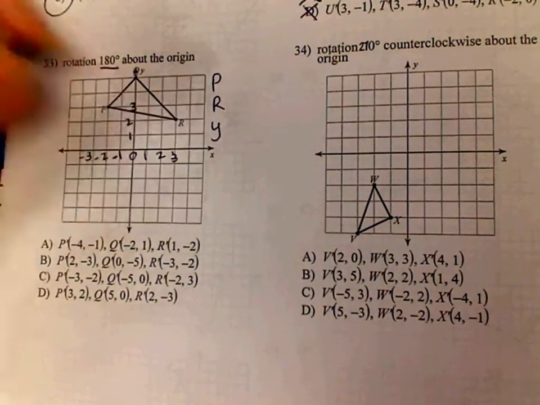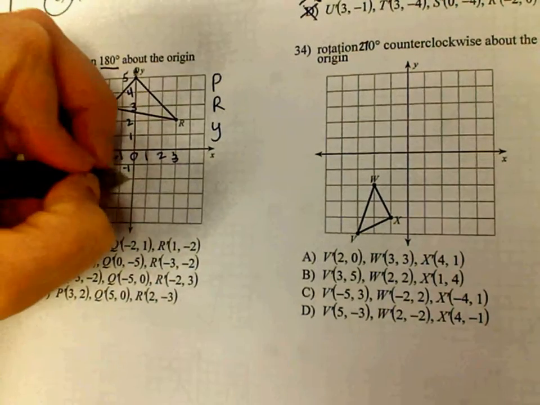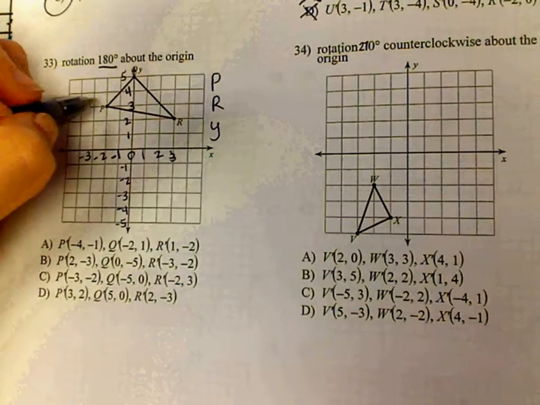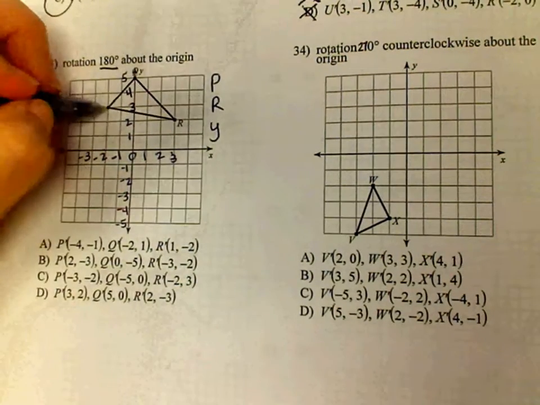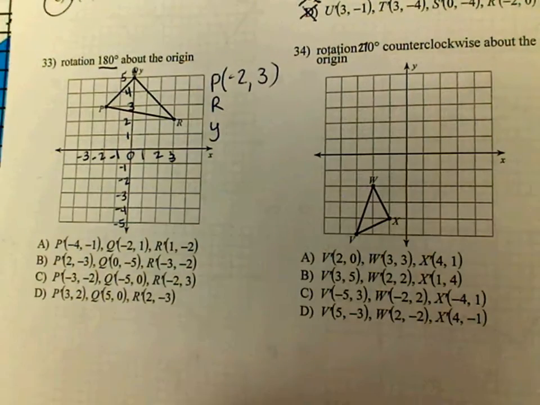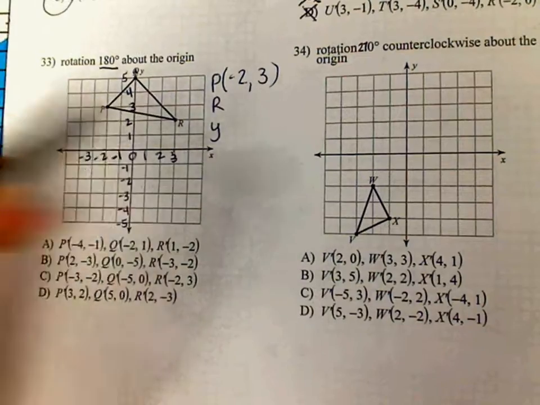I think it's good practice anyway. Okay, so P is -2 on the x, 3 on the y. R is 3 on the x, 2 on the y.